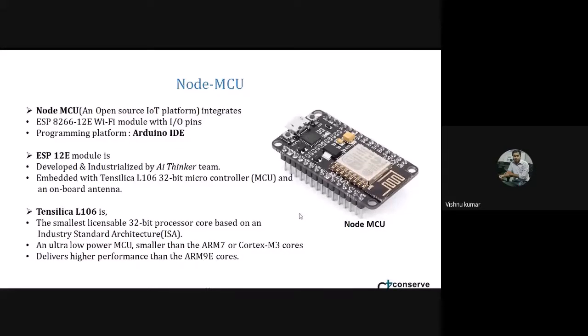Prioritizing and communication are the main tasks. The Tensilica L106 is the smallest licensable 32-bit core processor based on industry standard, it is low power, much less than ARM7, and competitive to ARM microcontrollers.